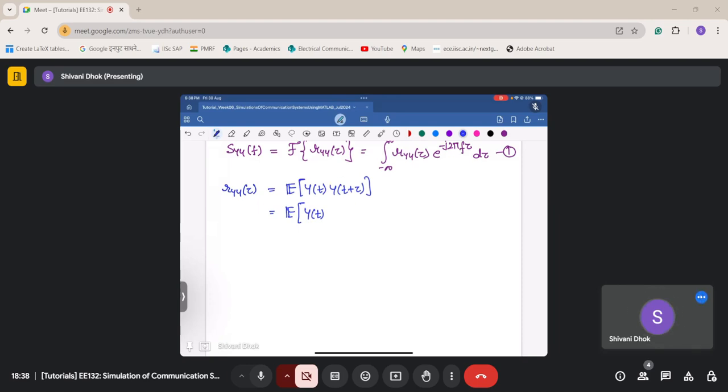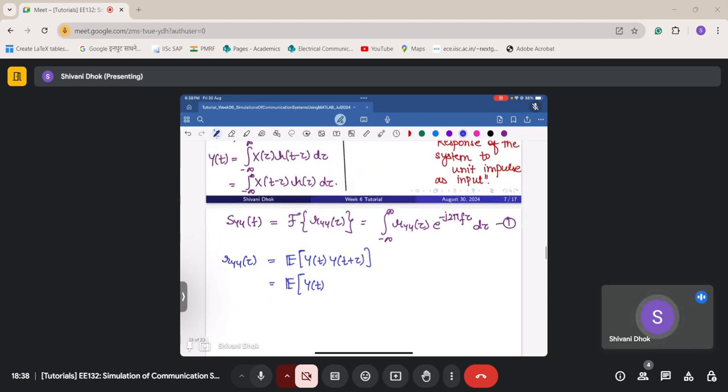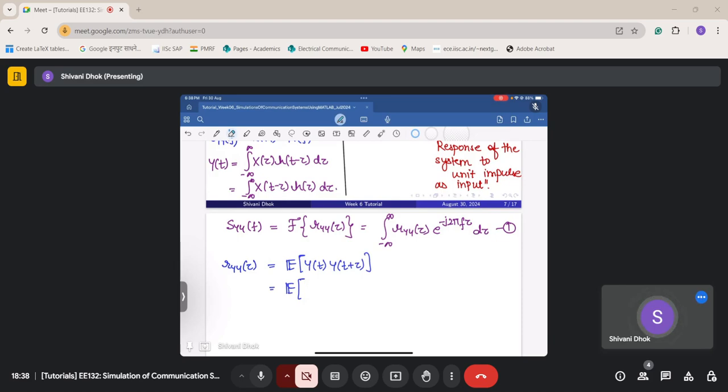How do we write y(t)? It is the integral from minus infinity to infinity of x(t minus v), let's take a different variable for now, into h(v) dv, and y(t plus tau) will be the integral from minus infinity to infinity of x(t plus tau minus u), let's say, into h(u) du.